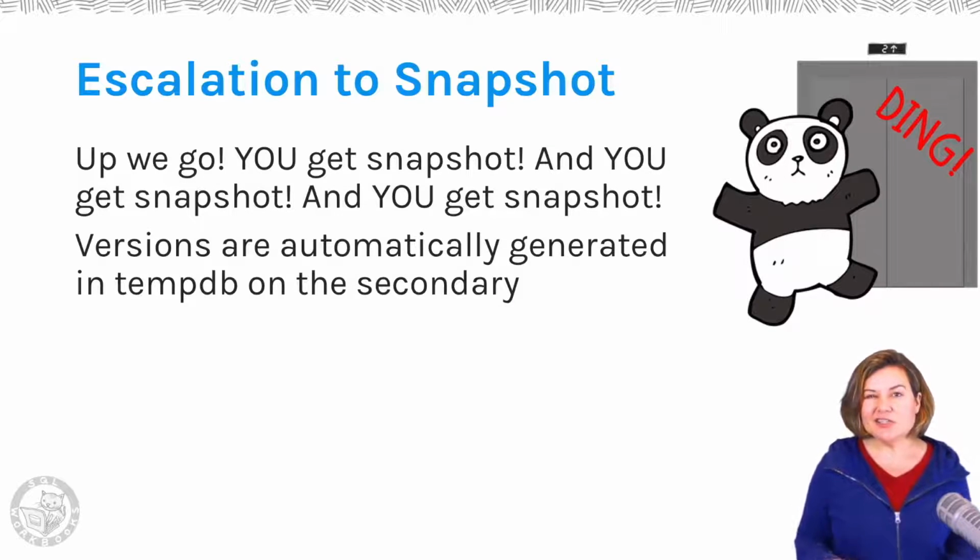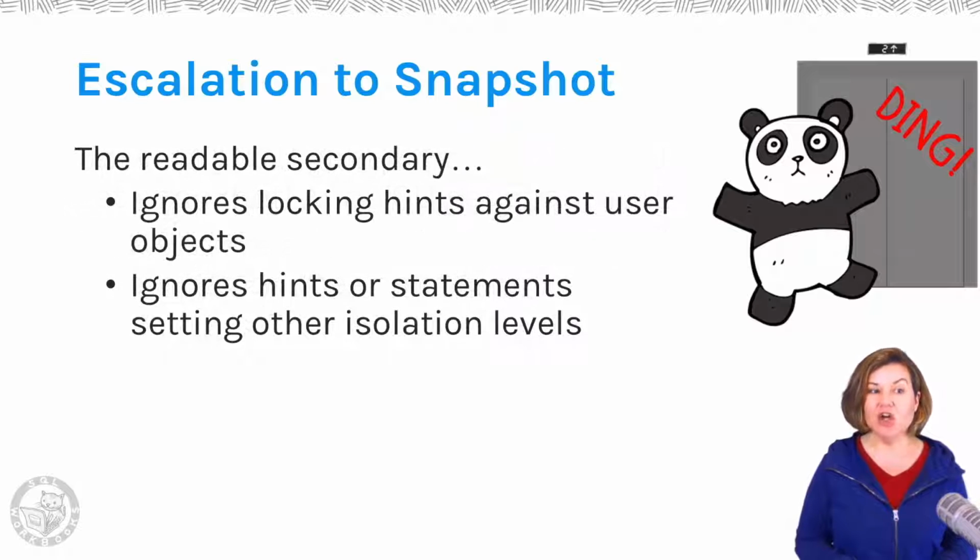This escalation to snapshot against the secondary also means, though, that to support this, we've got to have versions in our version store on the secondary database. These are automatically generated in TempDB, and with long-running transactions, we're going to have potentially a buildup in our version store if there are lots of modifications happening.